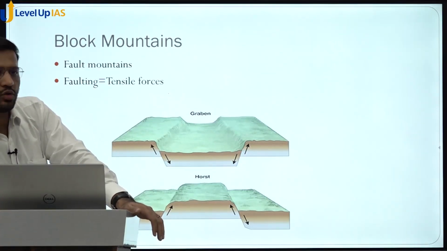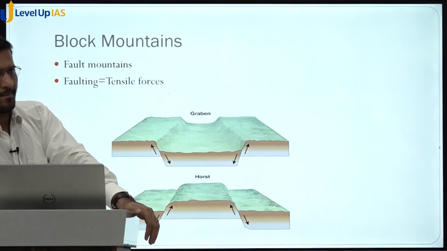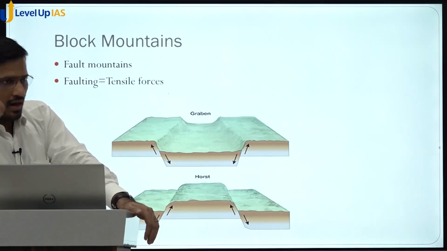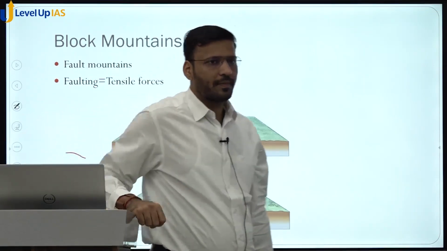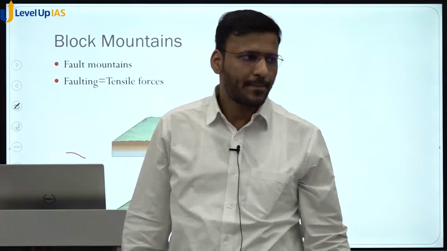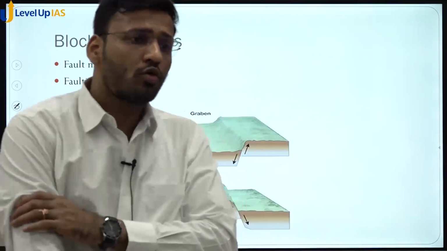The second type of mountain is called a block mountain. A block mountain is not called a true mountain. Why is it not called a true mountain?